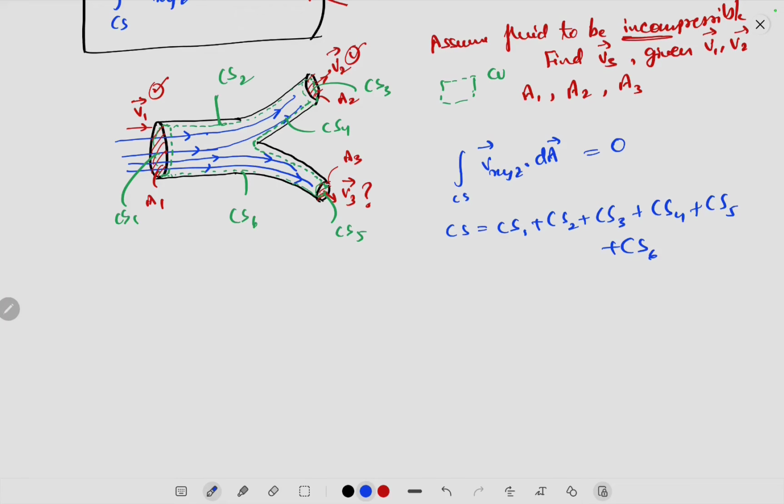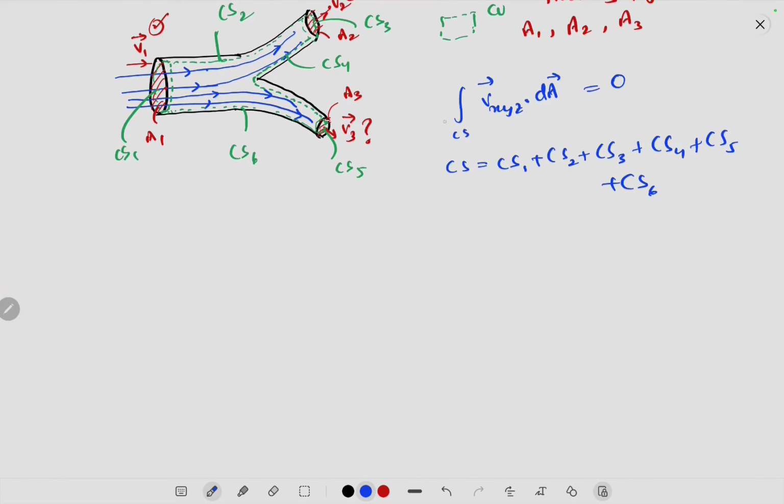So I can write this equation now as integral over CS1 vxyz dot dA vector.